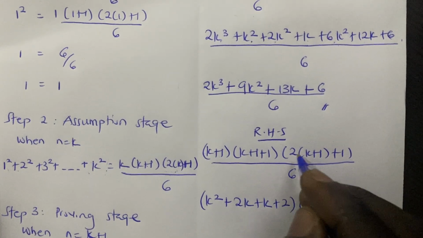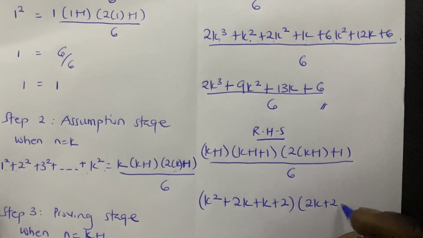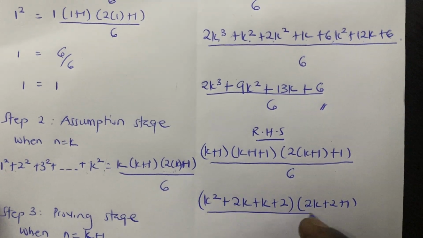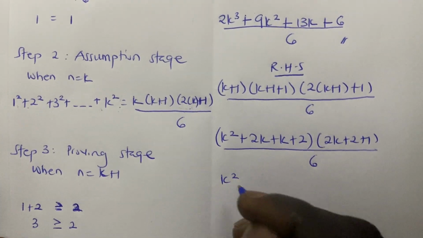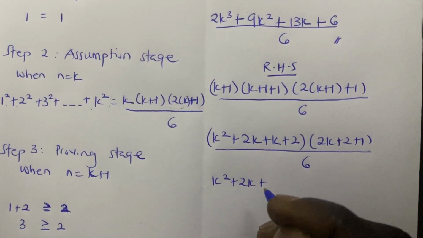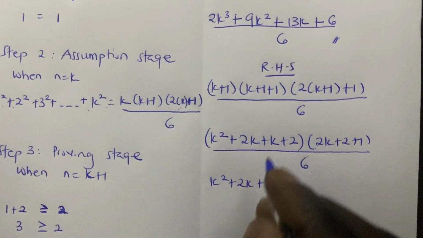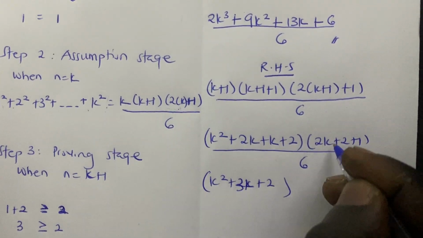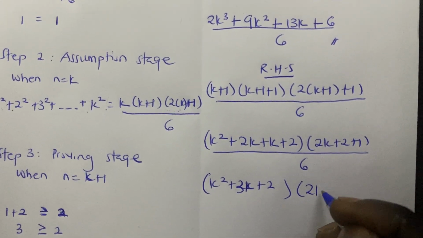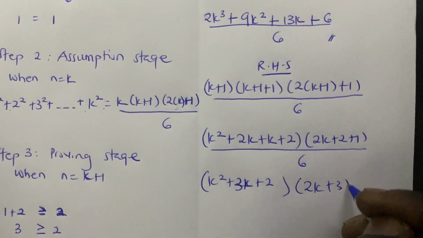Here we are going to expand this, getting 2k plus 2 plus 1 all over 6, right? So here we are getting k squared plus 2k plus, 2k plus k is going to give us 3k plus 2, and then here we are going to get 2k, 2 plus 1 is going to give us 3, right?